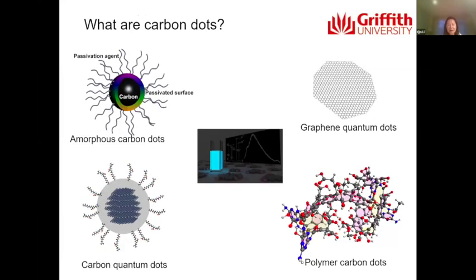And even in this carbon dot family, we have a few subsets. Some are amorphous, some are like graphene quantum dots with a few layers, some are carbon quantum dots with a few layers, and some are less carbonized, and we call them polymer carbon dots.